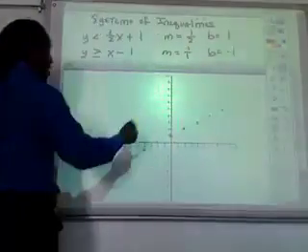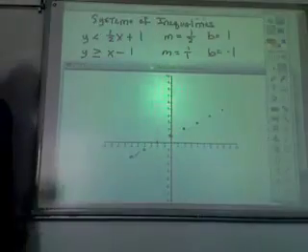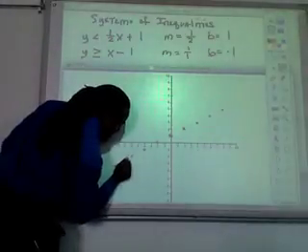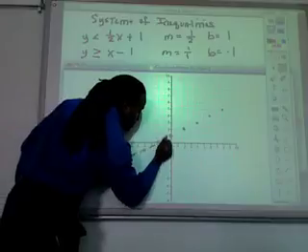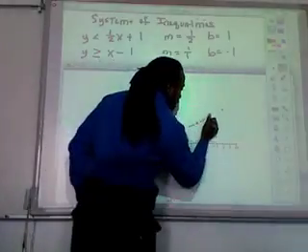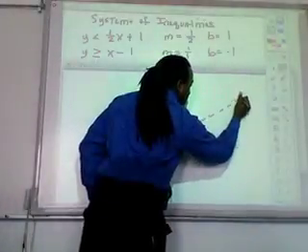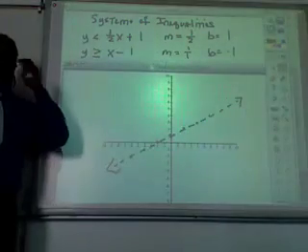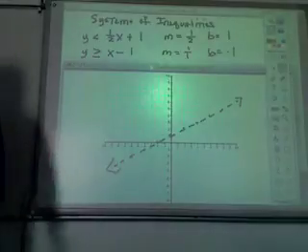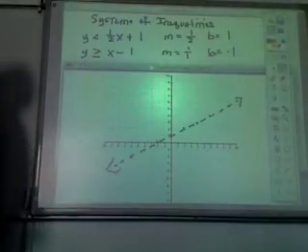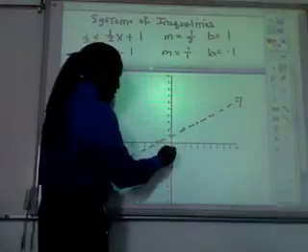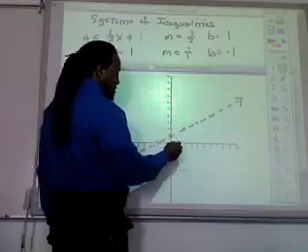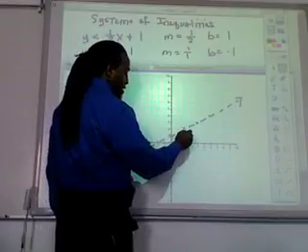Okay? So therefore, here's my line. What type of indication am I going to use? A dotted line for this one. Therefore, here is my dotted line to indicate this particular inequality. That's the first line. My second line, I'm going to start at -1, and I'm going to go up 1/1.